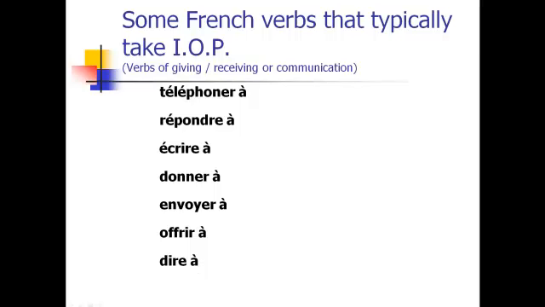You make a phone call to someone, you answer to someone, you write to someone, you give something to someone, you send something to someone. Offrir is also, remember, to give, and then dire, to say, you say something to someone. So these are verbs that try to remember will typically have an indirect object with them. So you'll use indirect object pronouns oftentimes in front of these verbs.